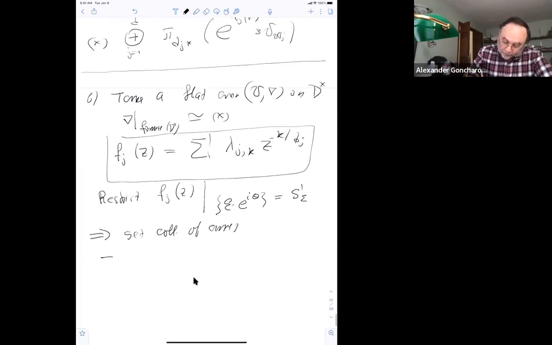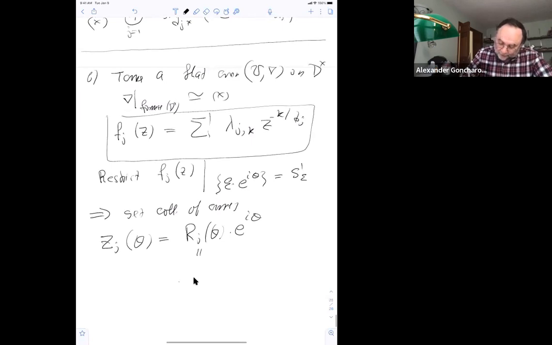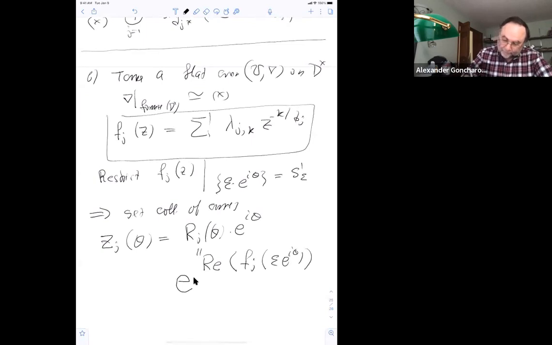You just write down these curves, which depend on the angle theta, as follows. This is the radial part multiplied by the phase, and the radial part is, and that's the key formula for us, the exponent of the real part of this Puiseux polynomial restricted to this circle. So that's the key thing which you want to do.